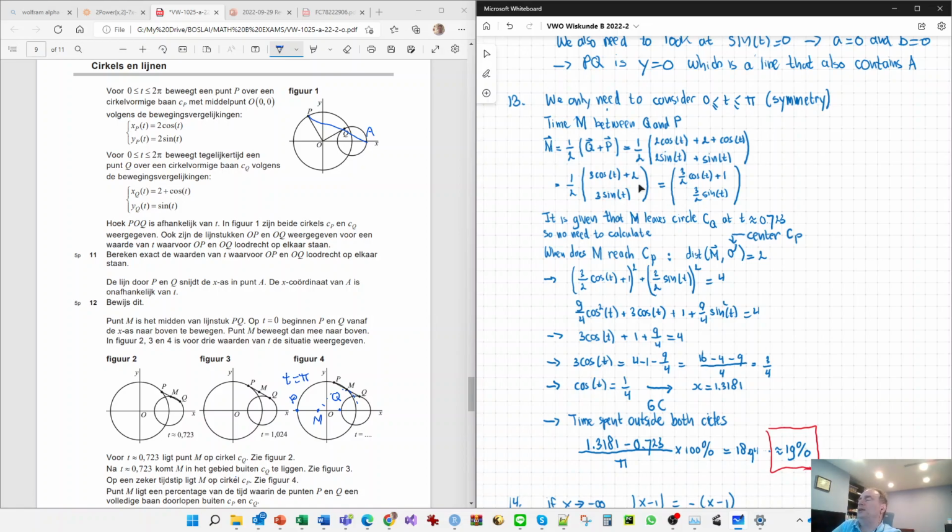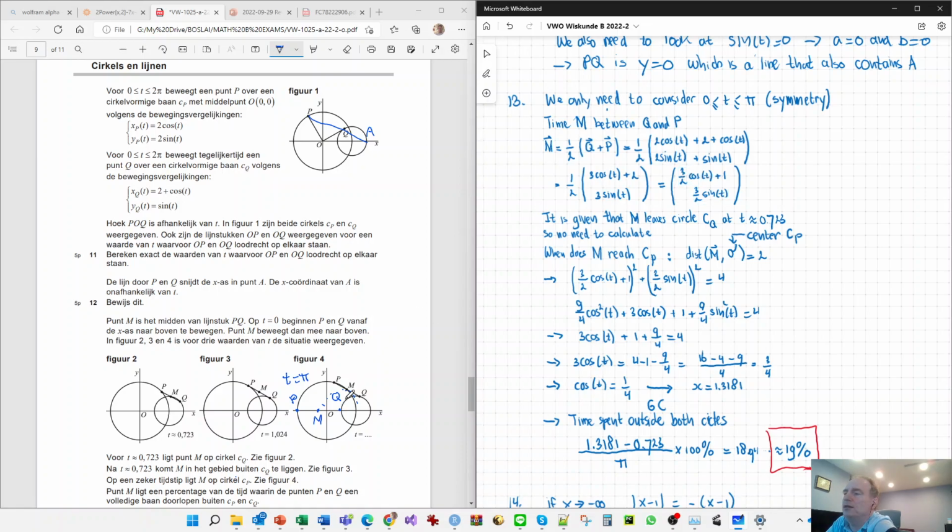So let's set up an expression for a vector m. It is defined as the point in between q and p, so it's just half of q plus p. Substitute our equations of motion, and this will be the result: 3 over 2 times cosine t plus 1, and also 3 over 2 times sine of t.